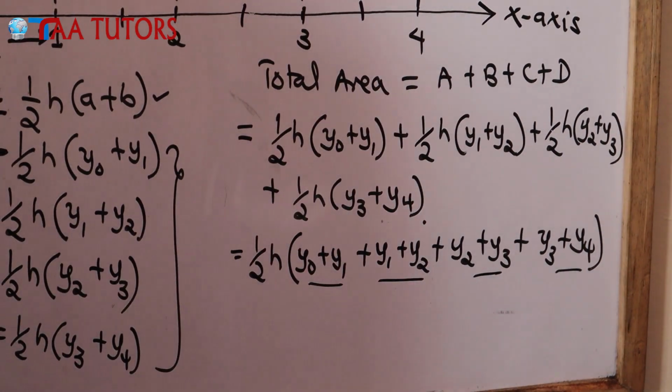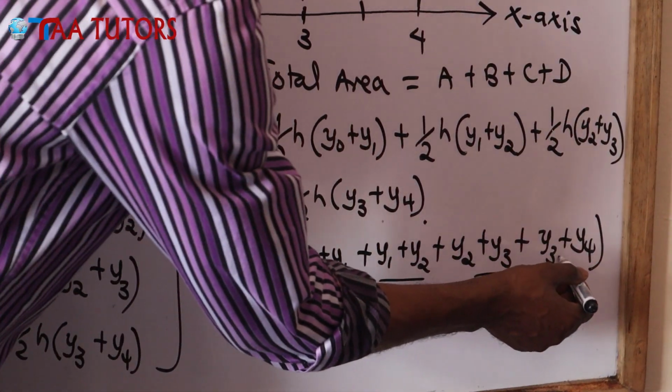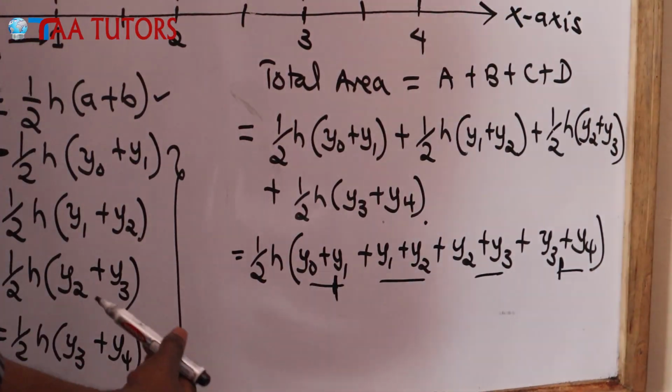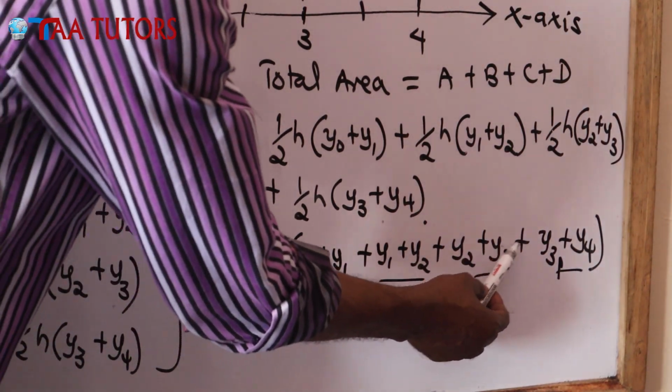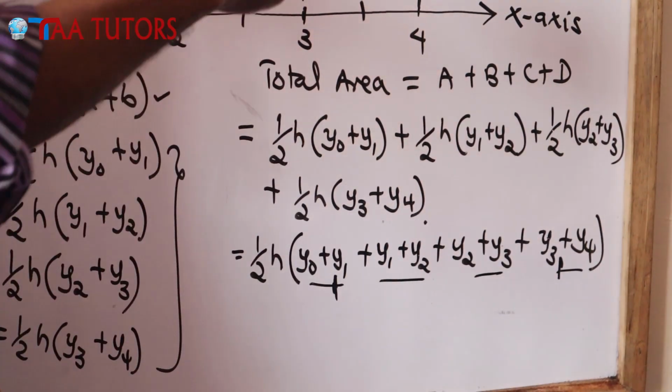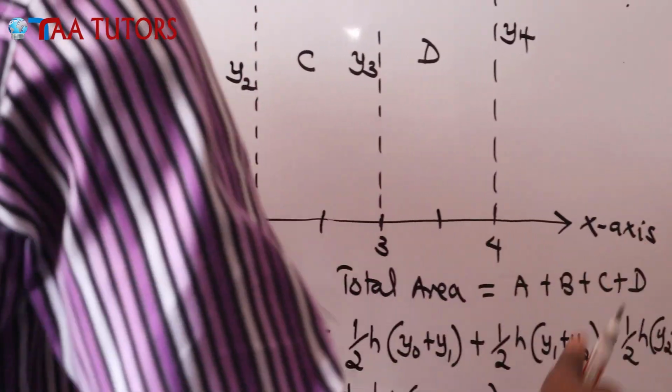Now you realize that there's something unique from here to here. There's a repetition: y1, y1, y2, y2, y3, y3. But the ends, the first and the last y, are only singles.